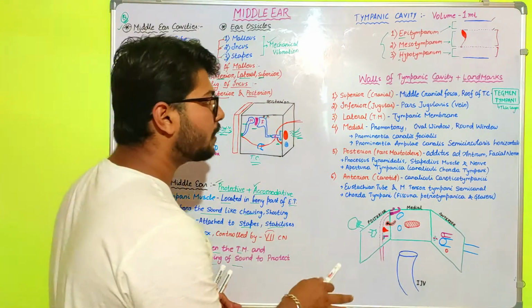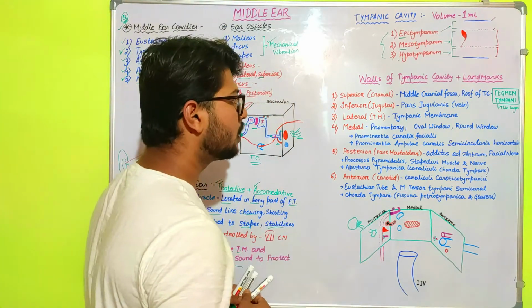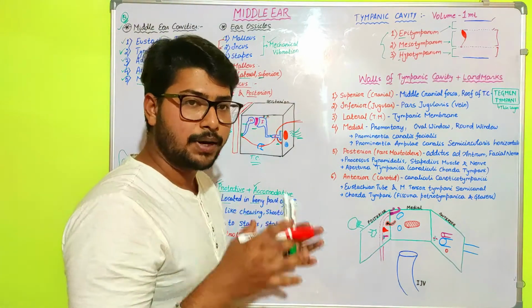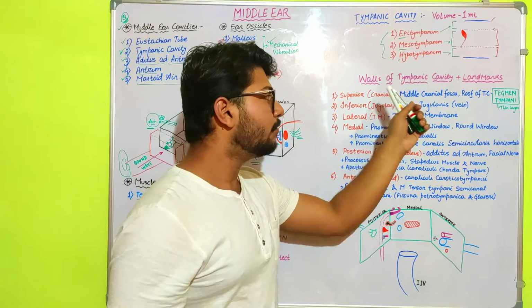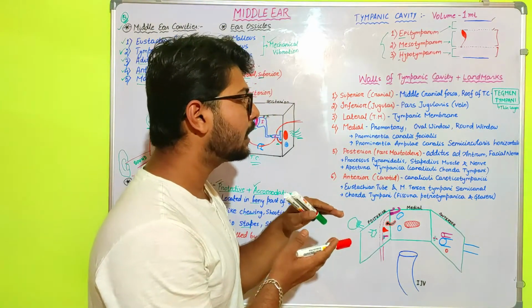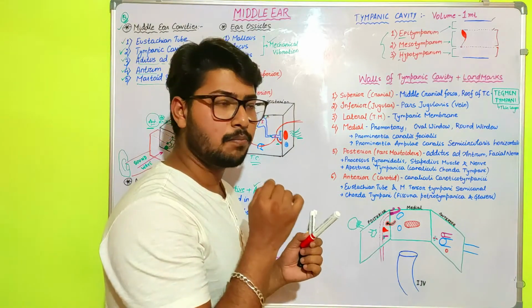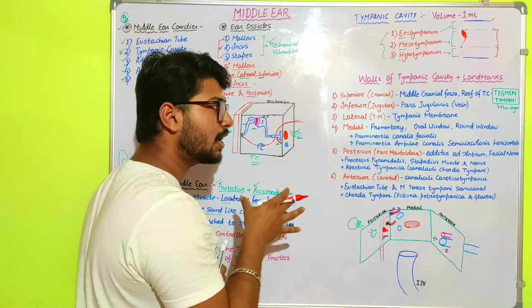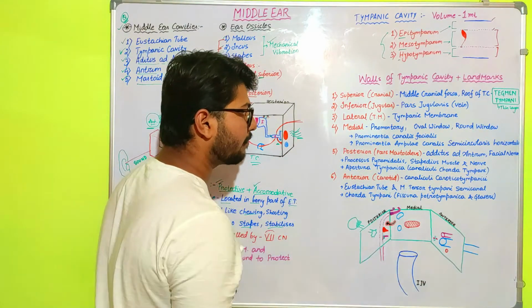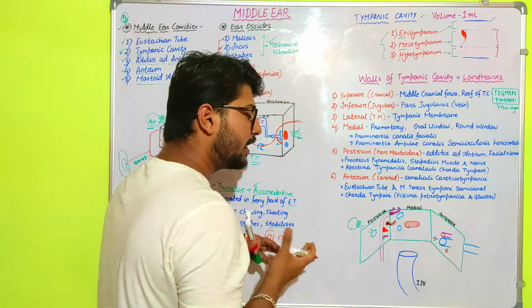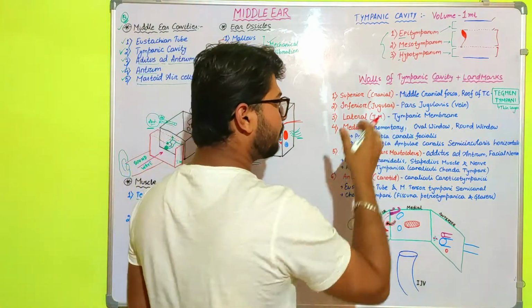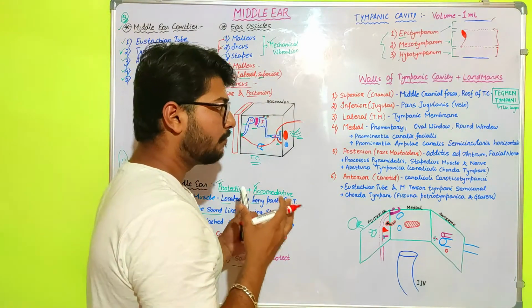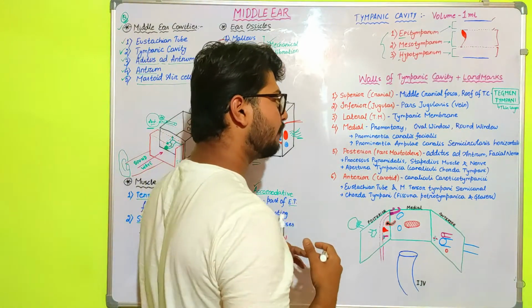So what are the contents present in these walls? First, the superior wall. Superiorly, it has the cranium, or the middle cranial fossa, and in between the middle cranial fossa and the tympanic cavity we have a thin bone, the tegmen tympani, that separates the middle cranial fossa from the tympanic cavity. Next, the inferior wall of the tympanic cavity has the jugular vein, the pars jugularis.